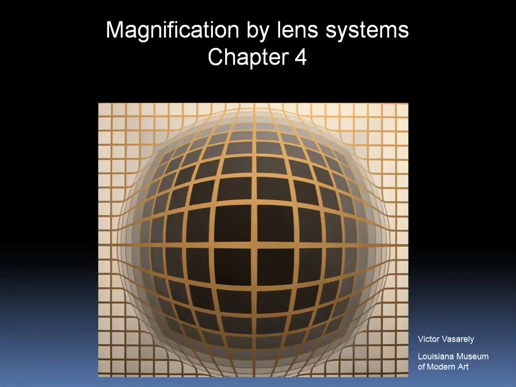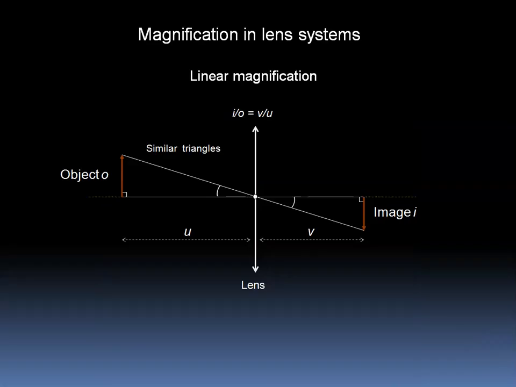We are now going to Chapter 4, Magnification by Lens Systems. Here we see a diagram where we show only chief rays from the top and from the bottom points of an object forming an image.